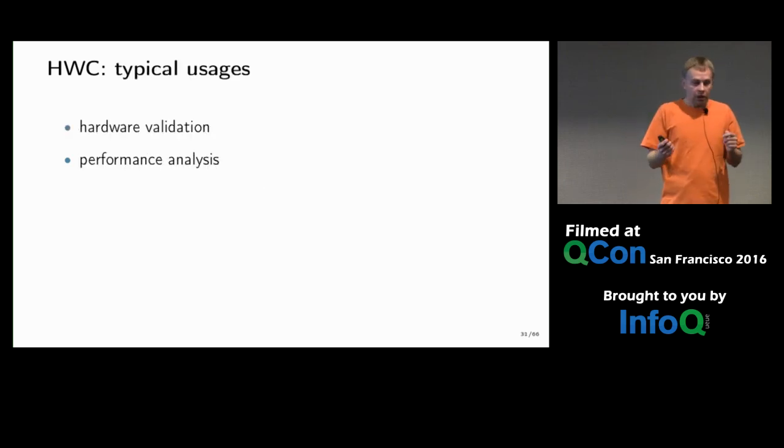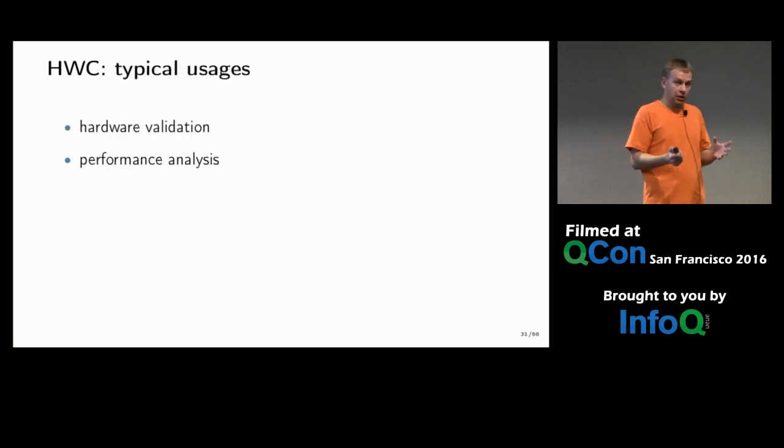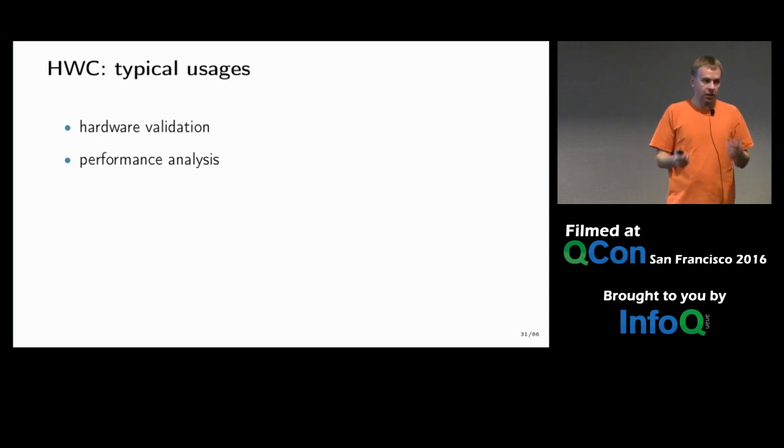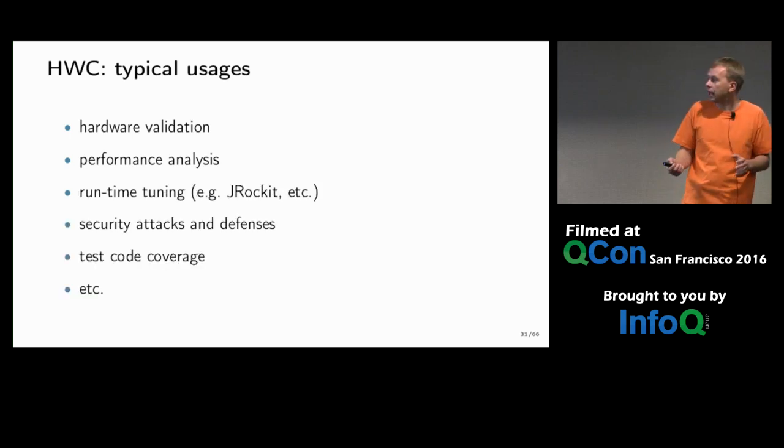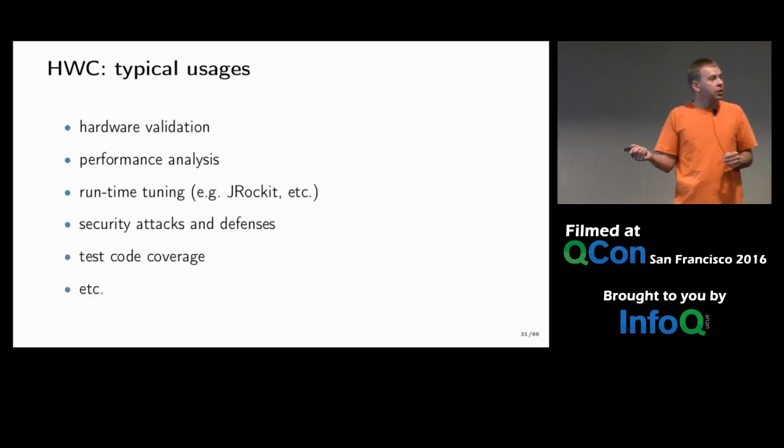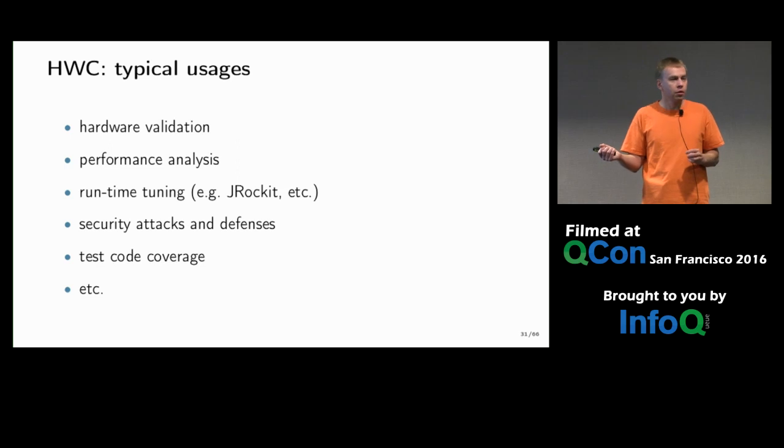So, typical usages of hardware counters: by design, there were two usages. First of all, hardware validation and performance analysis, because hardware vendors love doing performance analysis of applications and making them fast. But in reality, several years after that, a lot of other usages appeared in the world, like runtime tuning. JRockit did it. Who knows about JRockit?